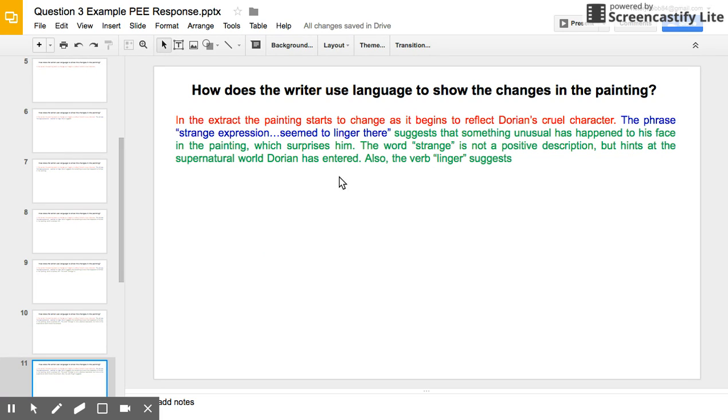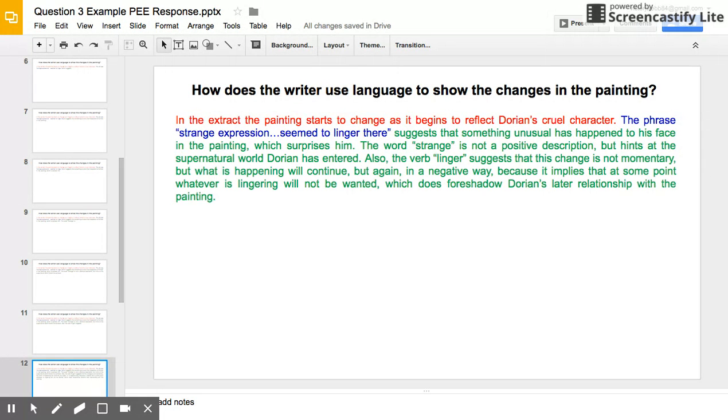I've used also here to link it to what I've said before. And I've got in a language feature here, verb. It does allow us to get a higher mark if we know what the language is called and we can write about it effectively. I then have continued it with quite a long explanation with quite a few conjunctions, but I've tried to fully develop it.